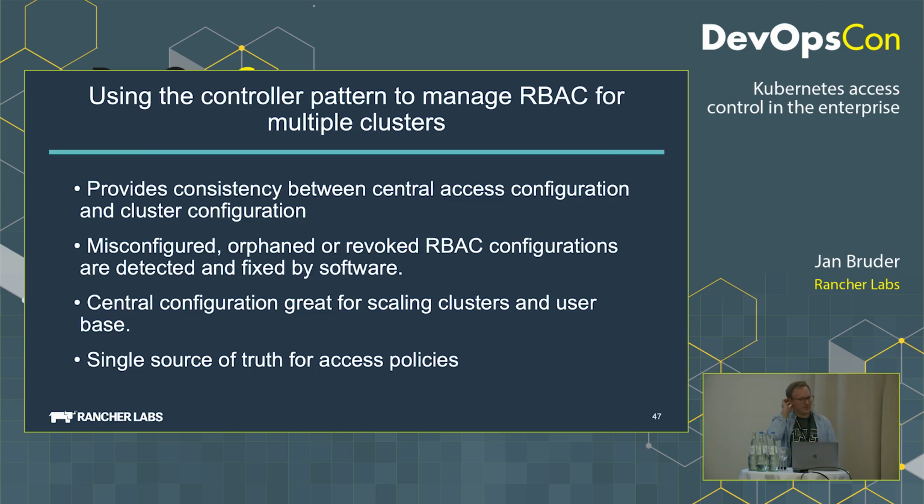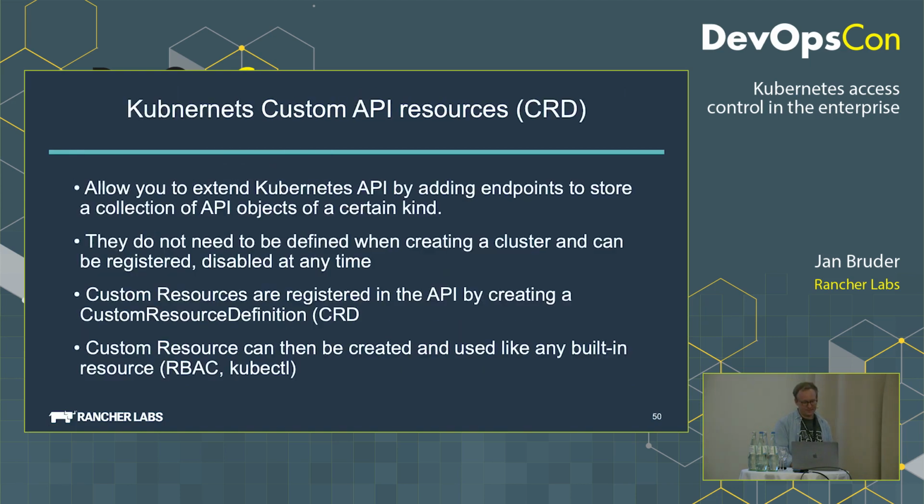You also have software taking care of any erroneous configuration or any orphaned or revoked RBAC rules that may still be in a cluster. And of course you have very good visibility into your rules, because you have a single source of truth where your policies are configured.